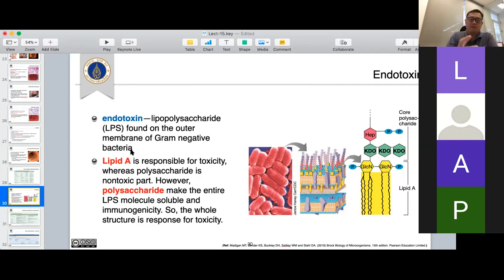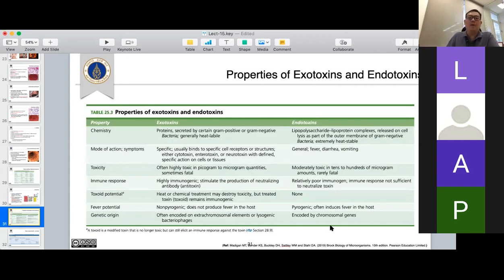If you heat the food or contaminated thing, particularly food, the toxin is destroyed, and you are probably safe. But endotoxin is different. Endotoxin is lipid and carbohydrate. Even if you heat it to 100 degrees Celsius, endotoxin still remains and can function. This table, you should study yourself, the properties of exotoxin and endotoxin, and how they differ.